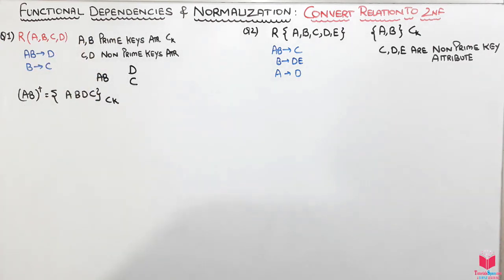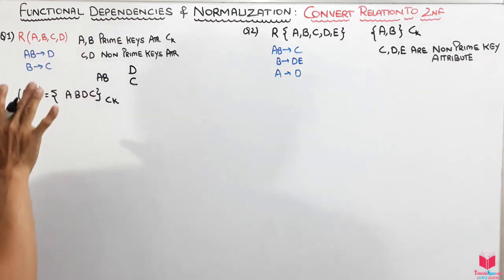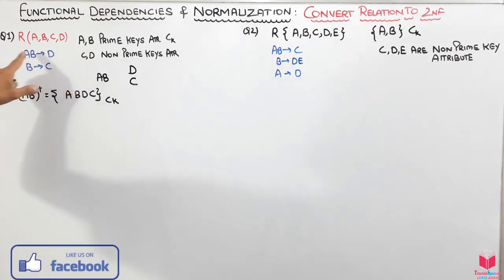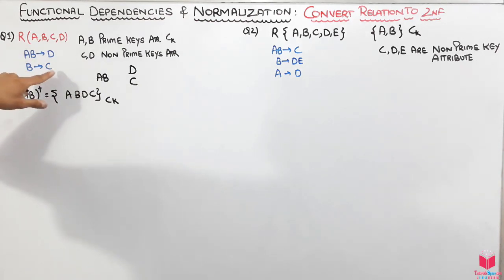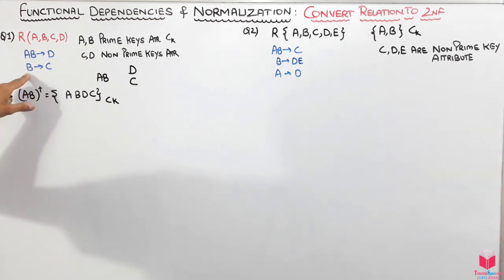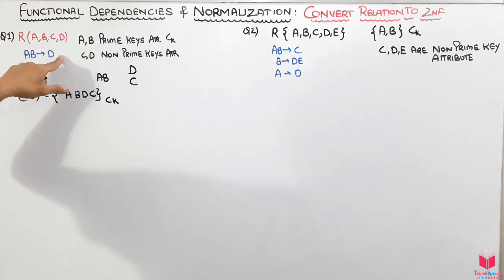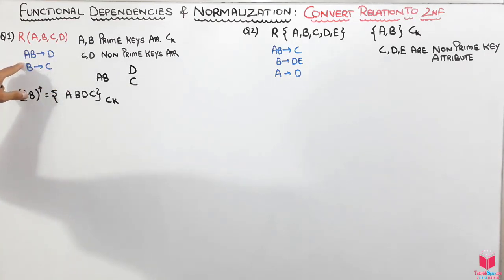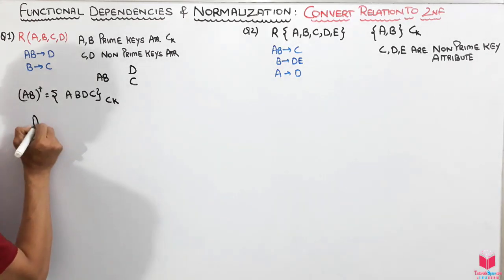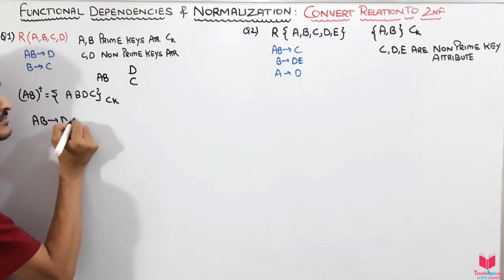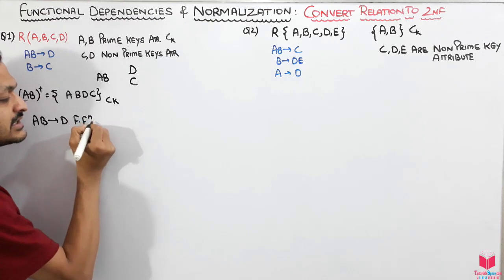With the functional dependencies, only D is dependent upon the complete prime key AB, but C is not fully functionally dependent upon AB, it's only dependent upon B. That means C only requires B to get its value, but D requires all prime key attribute values to get its value. So only AB to D is a fully functional dependency.